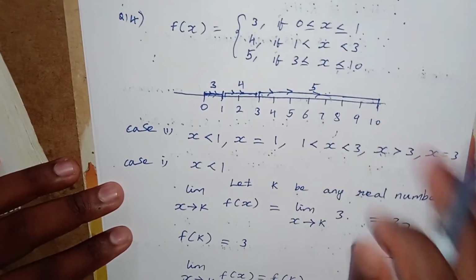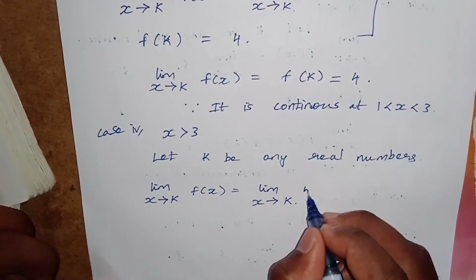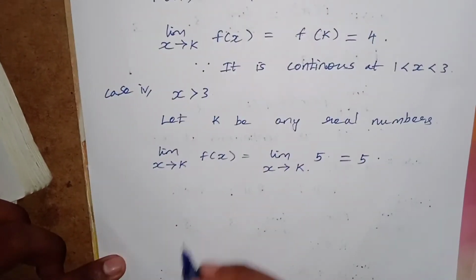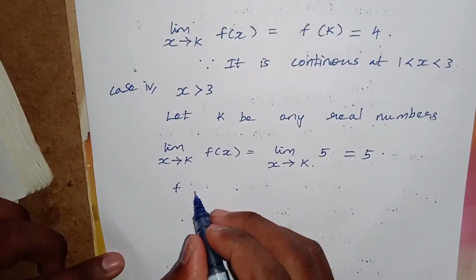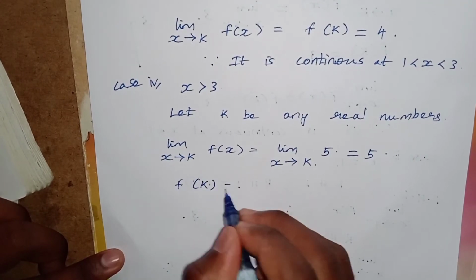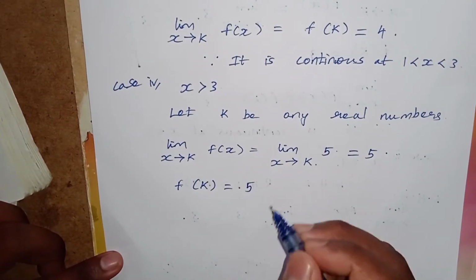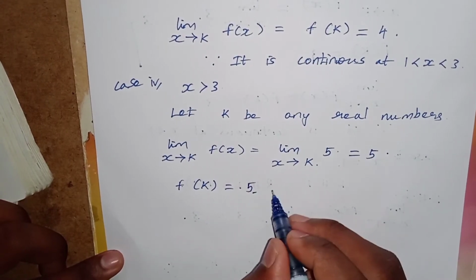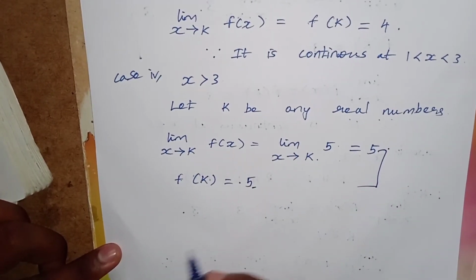Therefore you have to take 5. There is no x present here, therefore 5 is my answer. Next, f of k also is 5, because there is no value of x. Therefore 5 equal to 5.